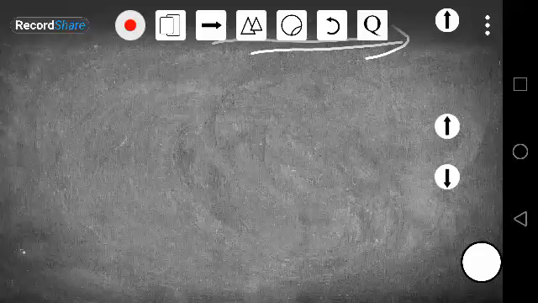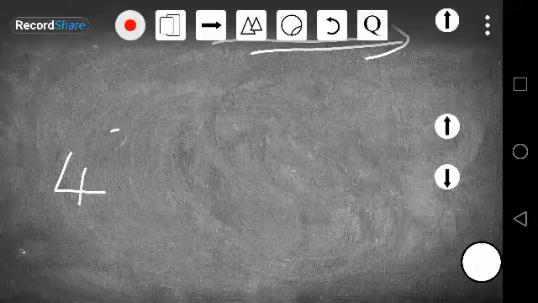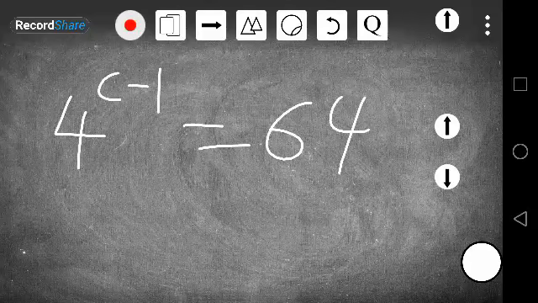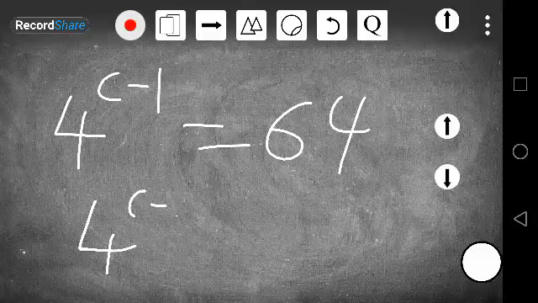Sometimes you may be given 4 to the c minus 1 is equal to 64, for example. In this case, we can express 64 in terms of 4. So 4 to the c minus 1 will be equal to 4 to the 3.